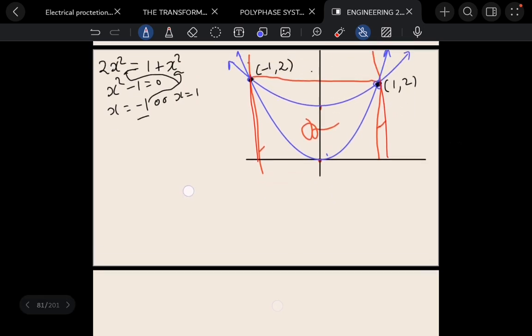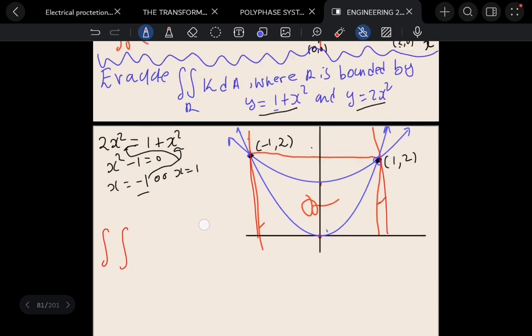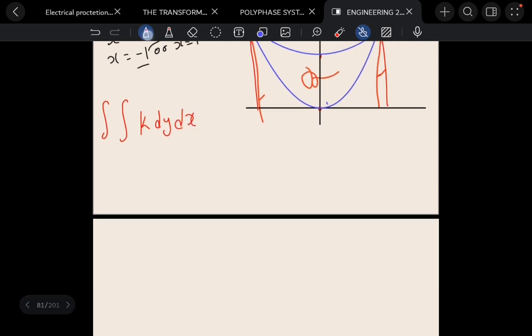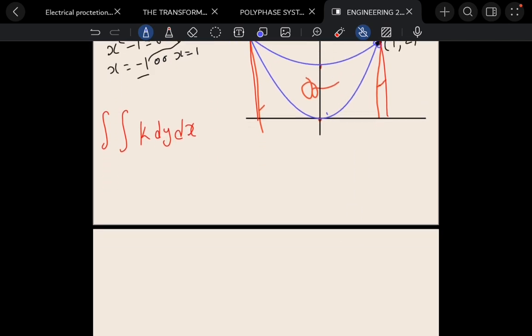That's why we will say a double integral of k dy dx. And then for x, I'm going to start from -1 to 1.